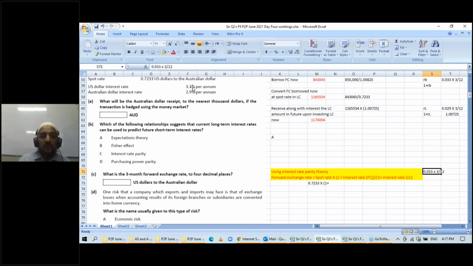So this gives you a 3-month interest rate, and then we have to convert the 2.9% interest rate, which is of the Australian dollar. This also needs to be converted into 3 months.